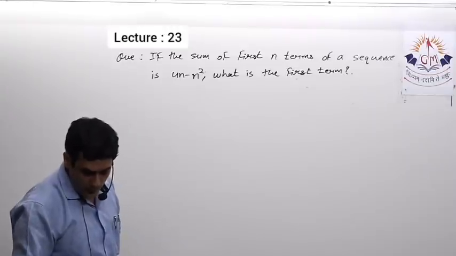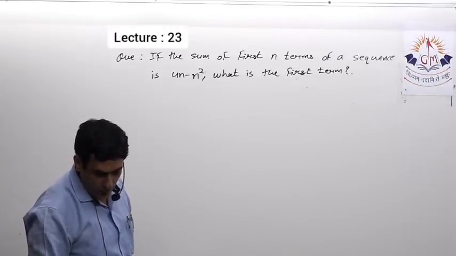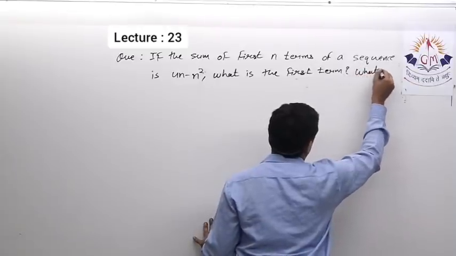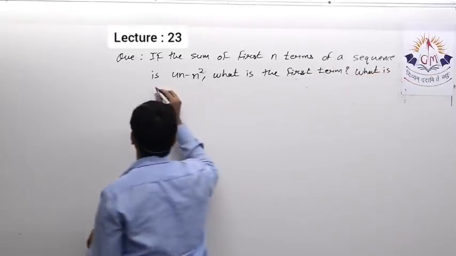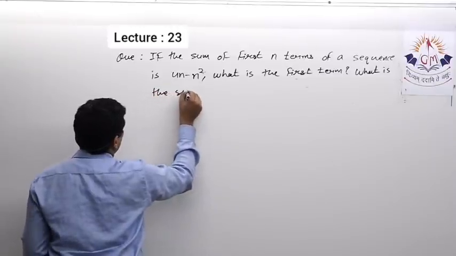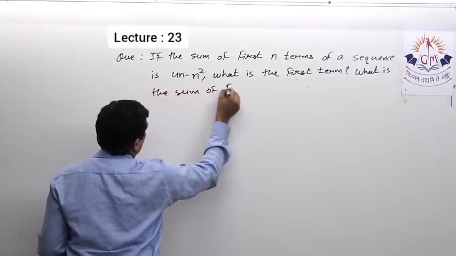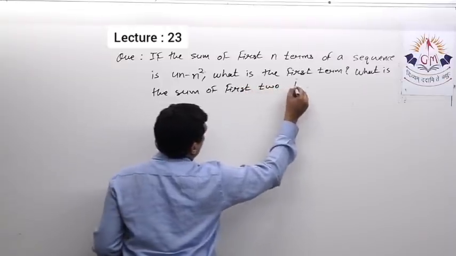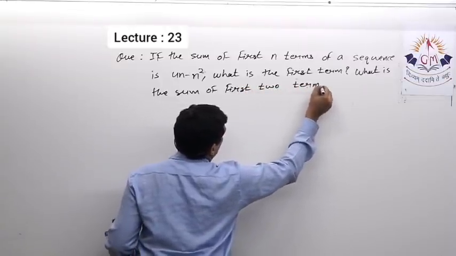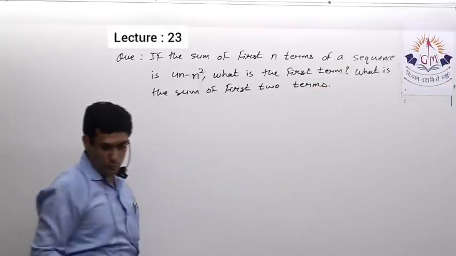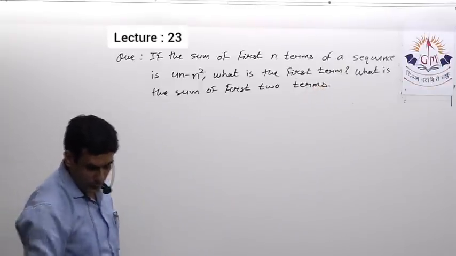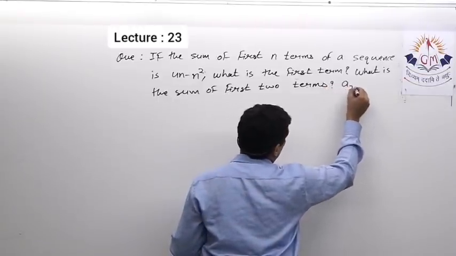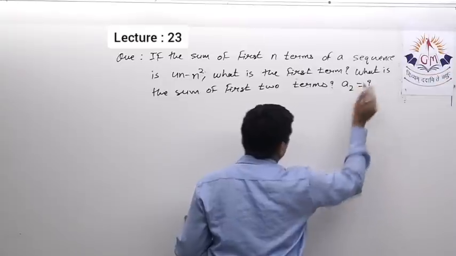Further it is given, what is the sum of first two terms? What is the second term, a2?